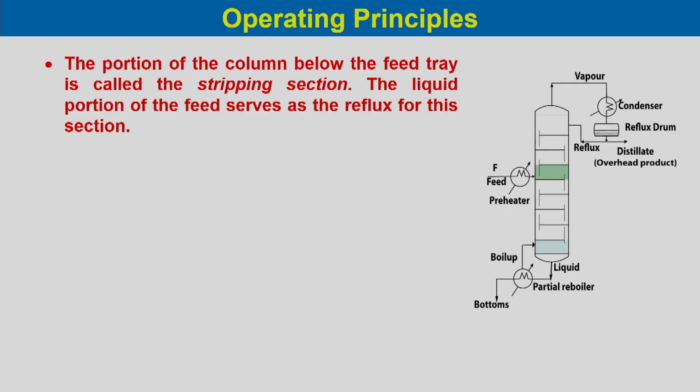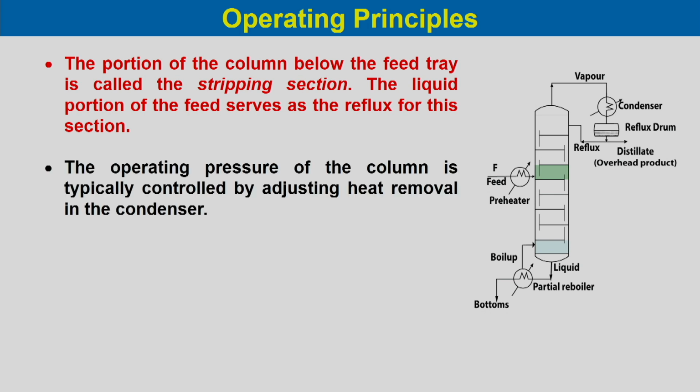The portion of the column below the feed tray is called the stripping section. The liquid portion of the feed serves as the reflux of this section. In the bottom section, some of the feed as well as the reflux coming down from the top serve as the liquid flow below the feed tray, and that is called the stripping section.